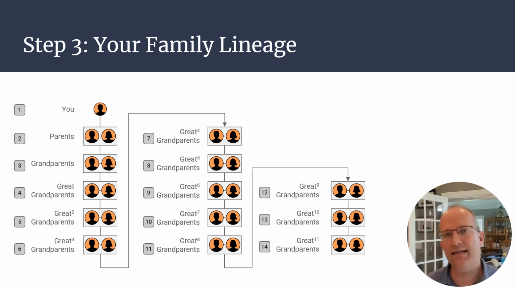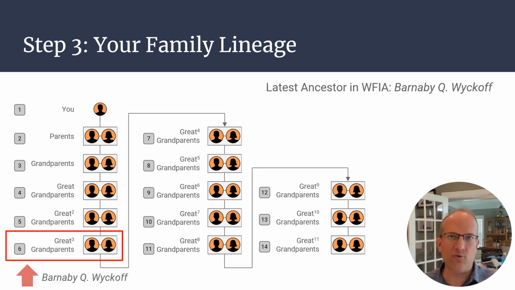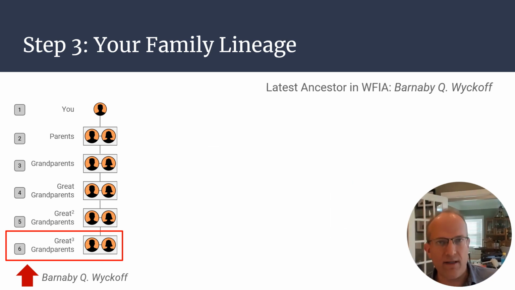Now, we don't need to get all the information about Peter Clausen or any of those very old generations because we already have that information. In this example, we talked about how the last Wyckoff in the database is Barnaby Q. Wyckoff, your great-great-great-grandfather. So that is as far as you need to go in filling all this out. So we'll just need to go from you to your parents, grandparents, all the way down to Barnaby Q. Wyckoff.